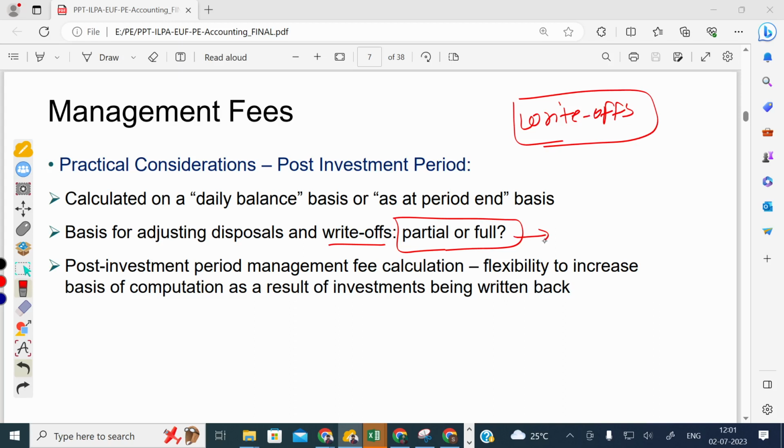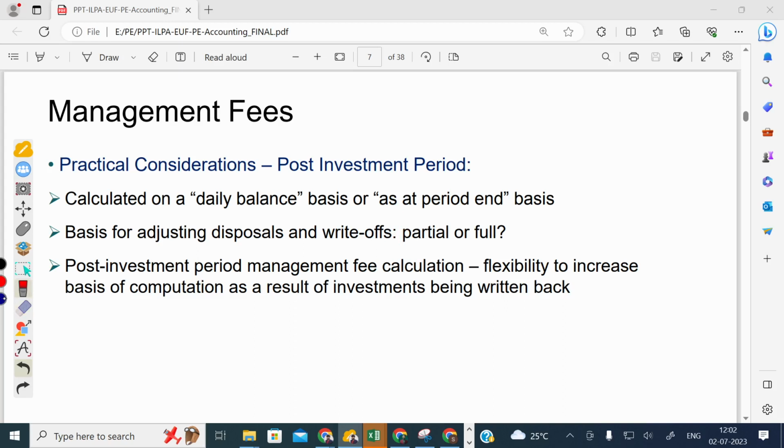Yes. If fees are accrued, but at the moment the investors or limited partners are not ready to pay them, then you will also have to write them off. You can do a write-off if limited partners are not able to pay the fees, then you can announce a partial or full write-off of those fees or expenses.